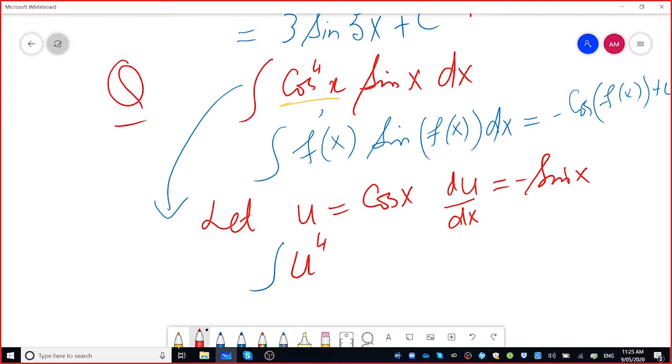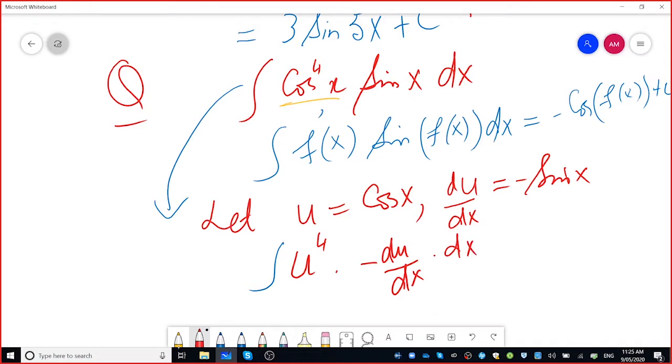And what is du? Negative sine x. So instead of sine x, what should I write? Negative du upon dx. Good. And then we have the dx.